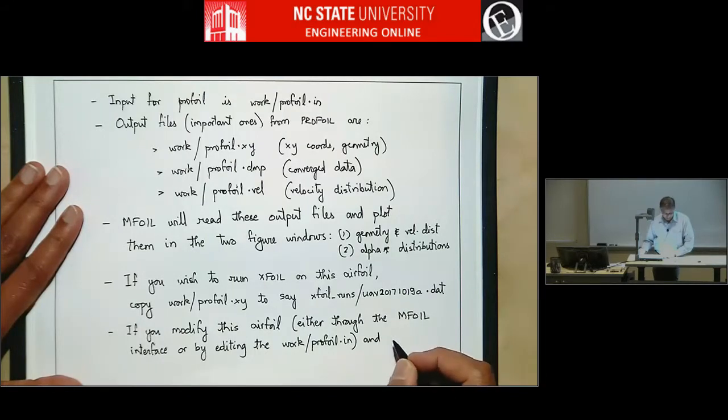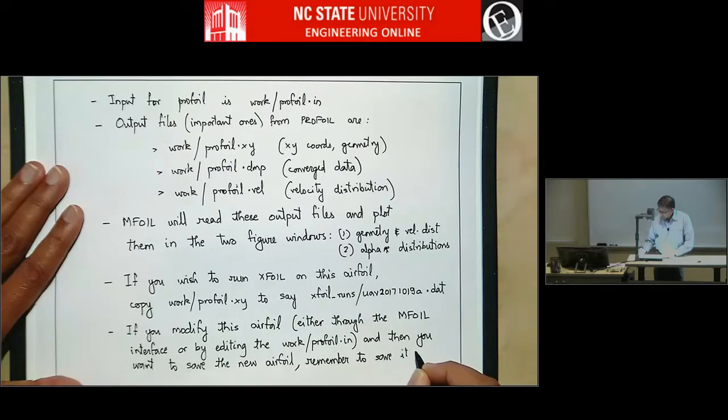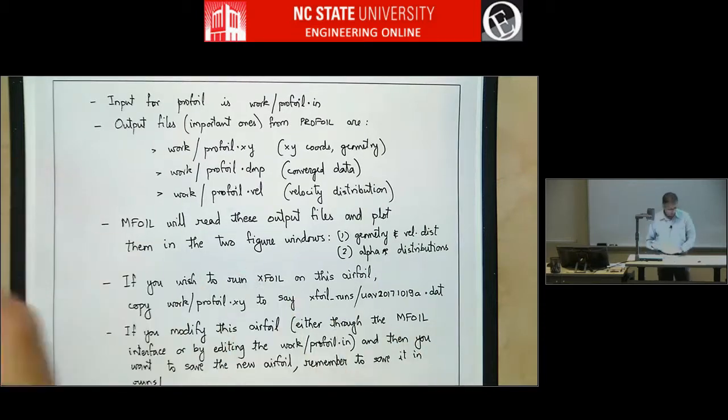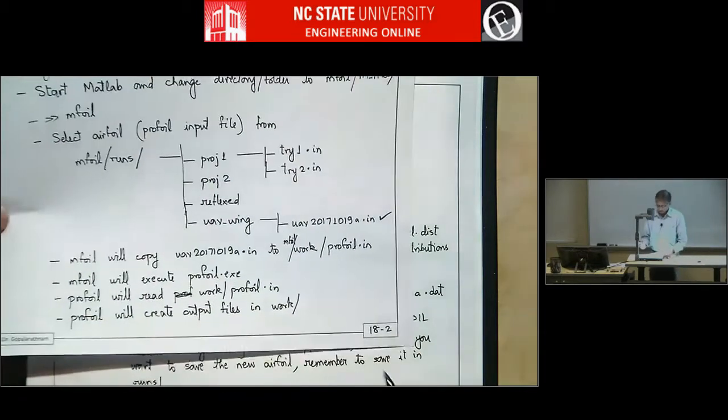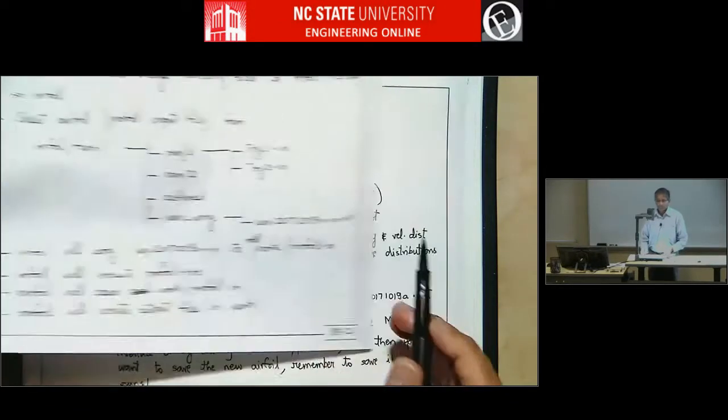And if you modify it and then you like it, then you want to save it. Then remember to save it in runs. So in runs, let's say you're just working on this, and you'll say, okay, I want to save it under UAV wing, and you'll just call it B, right?